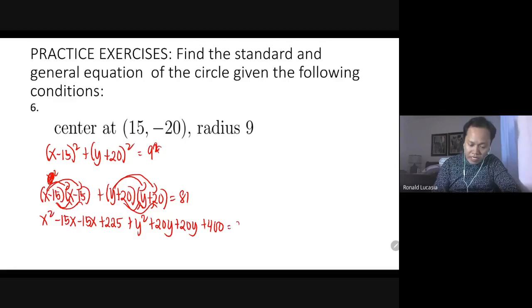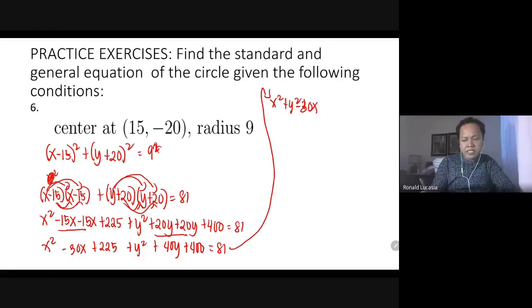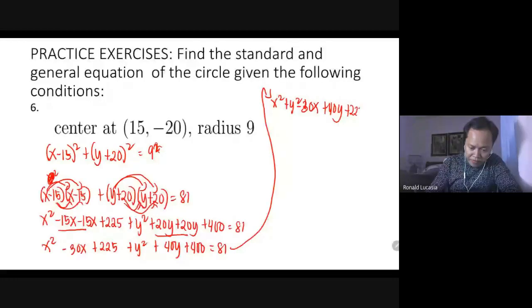Okay, equals 81. These are similar terms. So x squared minus 30x plus 225 plus y squared plus 40y plus 400 equals 81. So rearrange natin: x squared plus y squared minus 30x plus 40y plus 225 plus 400 is equal to 81.